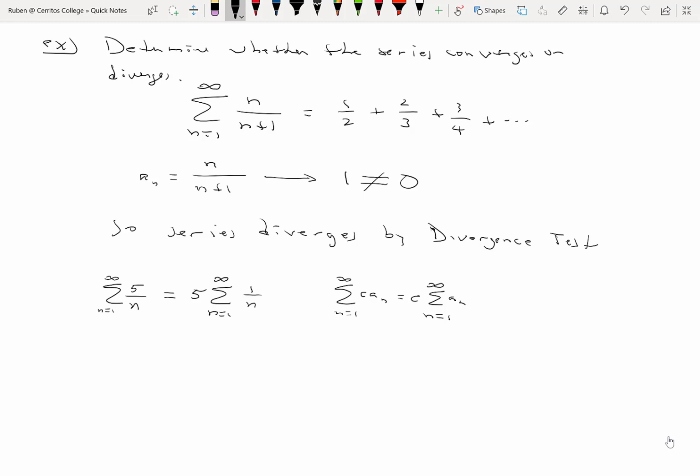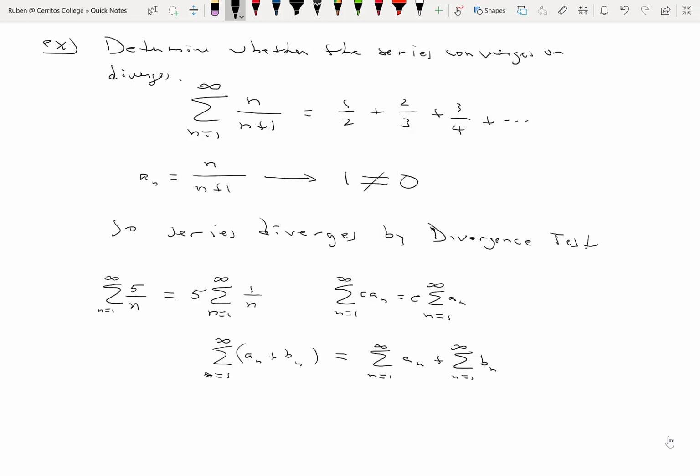Okay. There's a couple of other results here that seem logical. They seem like they should work, but we have to be careful with them. If we have, let's say, the sum of a sub n plus b sub n, we can split this series into the sum of two series only if the individual series converge on their own. This is an important thing.